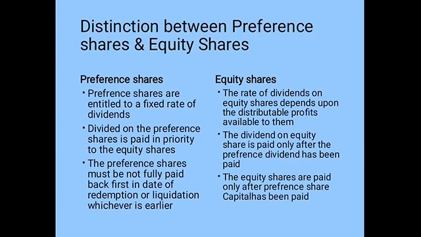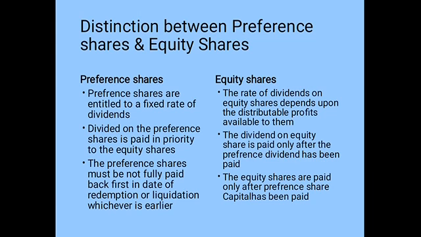Whatever the profit may be, the company may earn a good profit in a particular financial year, or it may even incur a loss, but the return we give for the investment made by the preference shareholders will be a fixed rate of dividend.